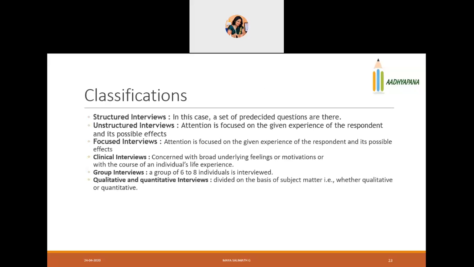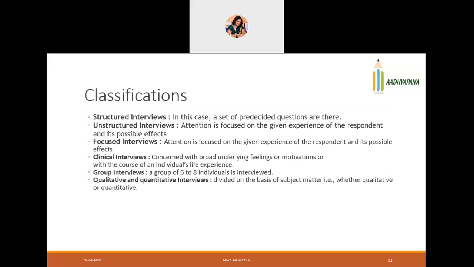Classifications of interviews. Structured interviews: you have pre-decided questions which you want to ask. Unstructured interview: your attention is only focused on the experience of the respondents and its effects. Focused interview: here also attention is only focused on how the respondents respond and what the effects of the same are.